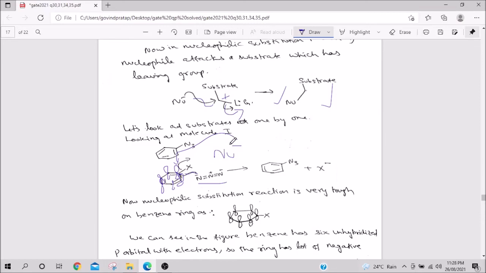So if you are imagining this will attack here, it's not possible, this will not happen. Remember, electrophilic substitution happens readily in a benzene ring, but nucleophilic substitutions are very, very rare on a benzene ring, unless electron withdrawing groups are there. Okay, so this will not happen for sure.